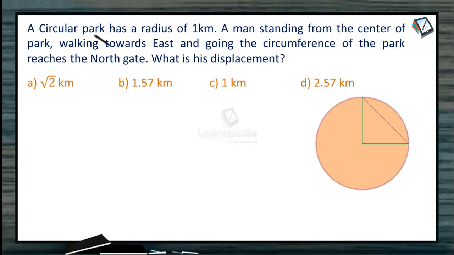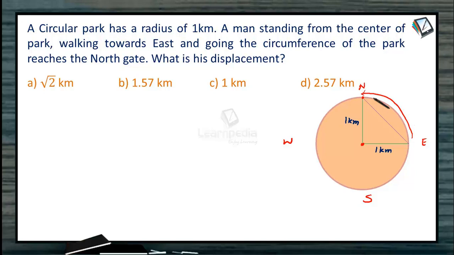Here it is a circular park that has a radius of 1 kilometer. So here it is 1 kilometer. A man is standing at the center of the park, walking towards east. East means this way. We are assuming east, west, and here it is north and south. So this is our horizontal plane. The man moves towards east and, going around the circumference of the park, reaches the north gate.